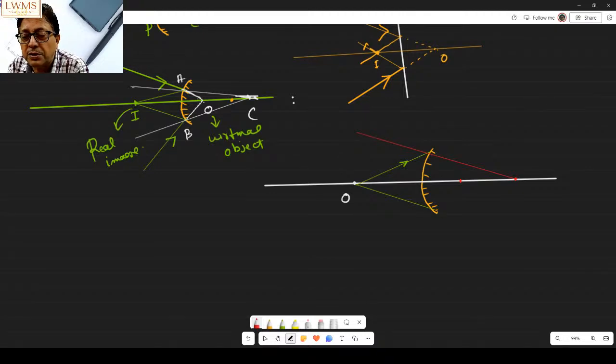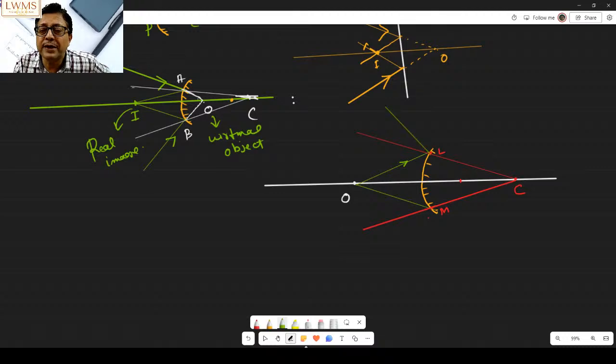Here also, this is the normal. Center, normal at this point, normal at this point. I have taken say this point, an arbitrary point L, this one M. So the light ray this time will obey the law of reflection.